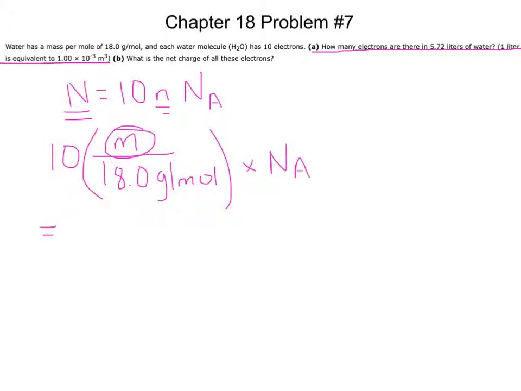So 10, break this down even more. M equals rho times V. Rho represents the density, and V represents the volume. So it's the density of the water times the volume.